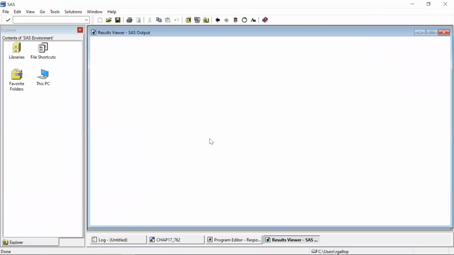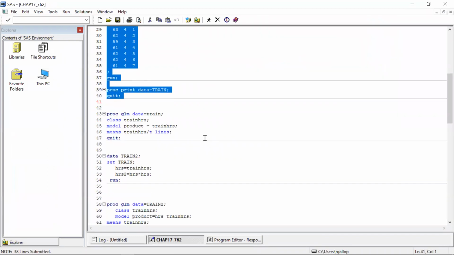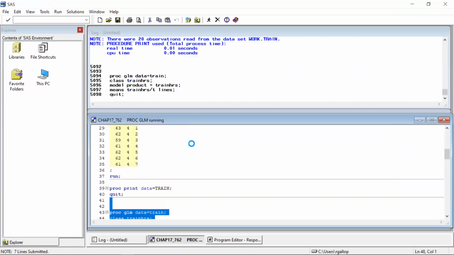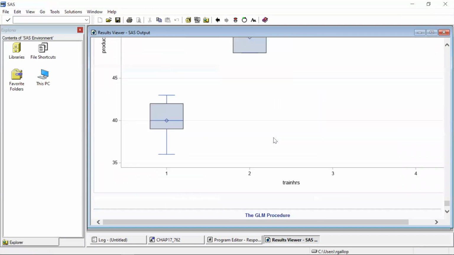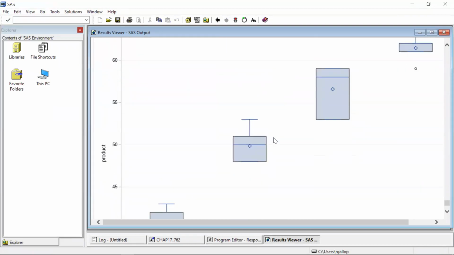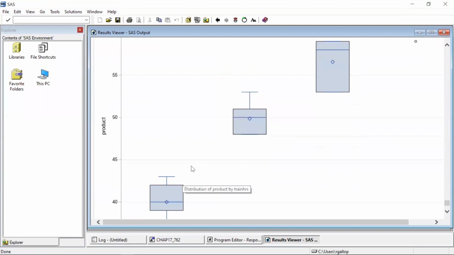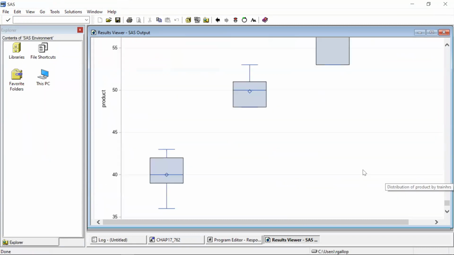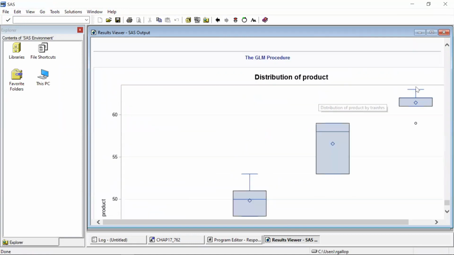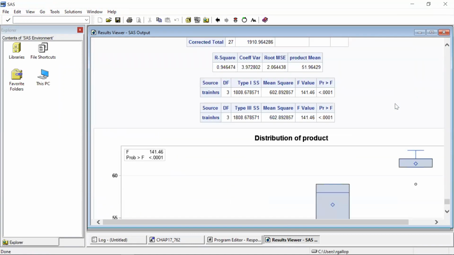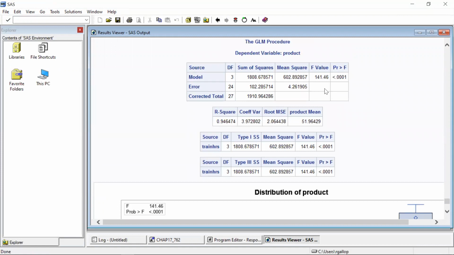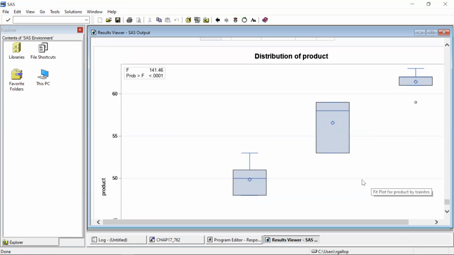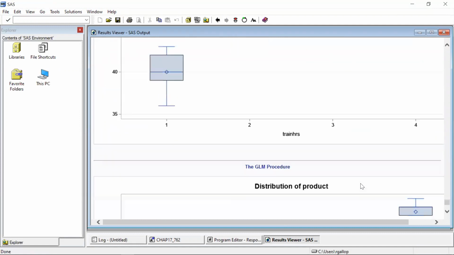Print the data out. So in this case, as you see in the box plot, it almost looks like there could be a linear trajectory with training hours with respect to productivity. Again, the on-average effect is really being seen. The more training a person has on average, the higher their efficiency with respect to the product.